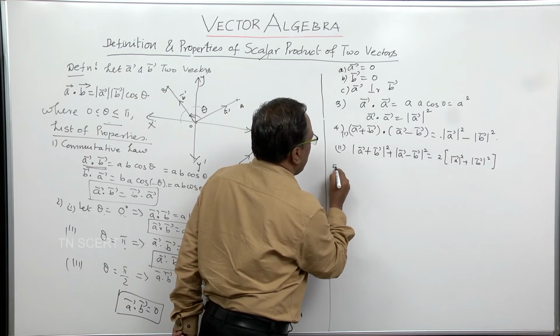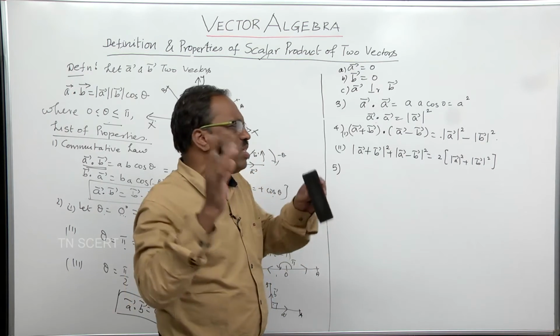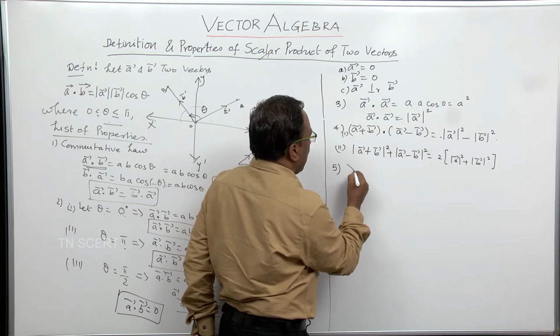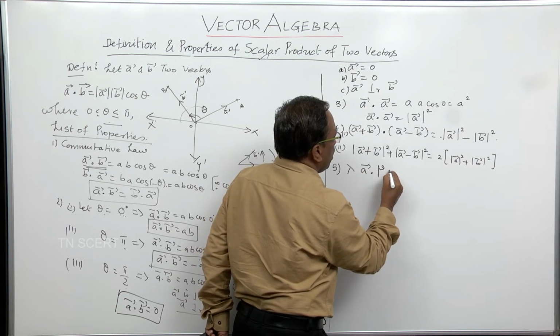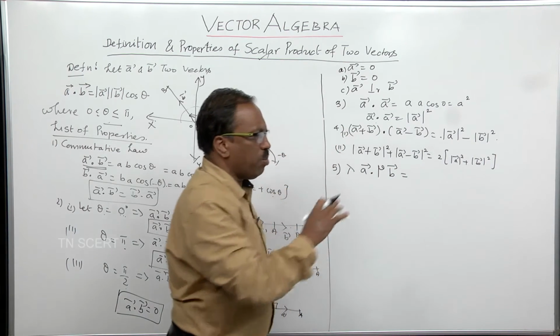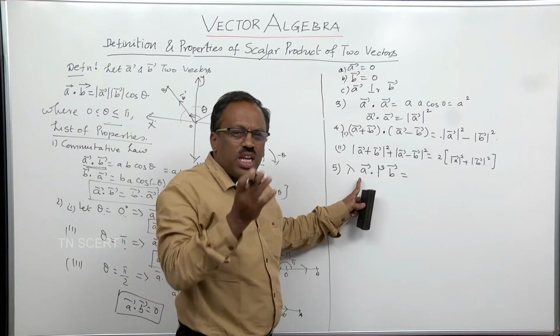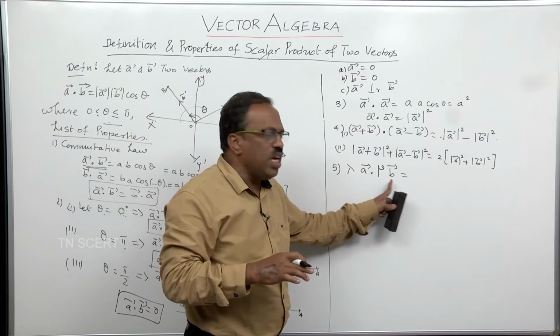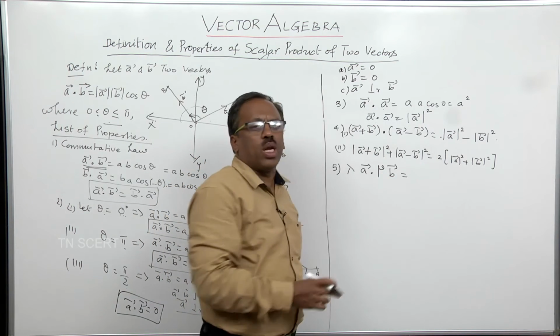And property number 5. See how these properties are very helpful for doing problems. Lambda A vector dot mu B vector is equal to, in what way can I write this? Lambda A vector is a linear combination of A, and mu B a linear combination of B. Lambda is a scalar quantity, mu is also a scalar quantity.